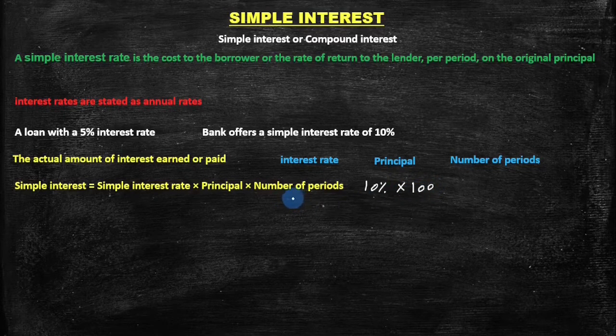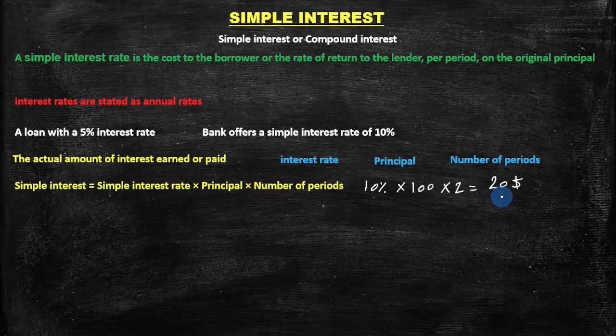And let's say you want to find out how much in interest you will earn after a number of periods, let's say 2 years. All right. So that means 10% of the $100, $10 multiplied by 2, $20 in simple interest after 2 years.